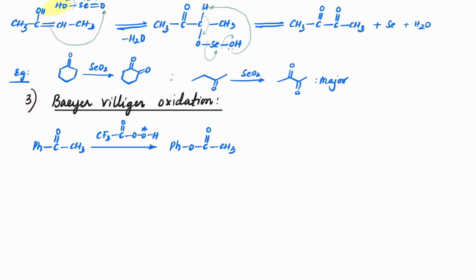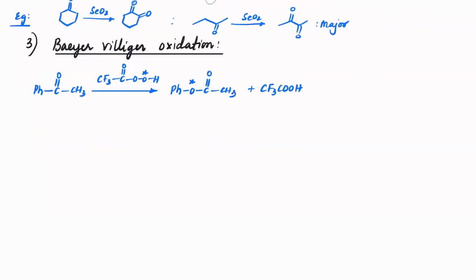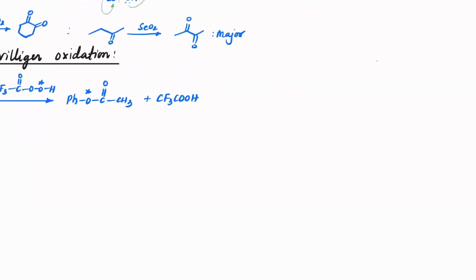Okay, star would be here, and this will become CF3COOH, correct? Which means there is an insertion of nascent oxygen between alkyl groups, right? So that is what will happen.